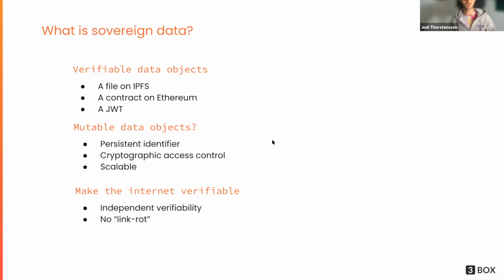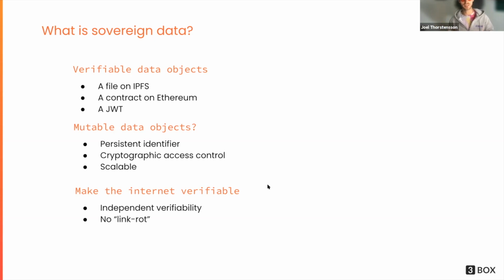I don't want to have to download an entire blockchain just to sync the comments on a web page and verify that the comments came from the right source. So if we can have this primitive, a data object that's scalable, has cryptographic access control and is mutable, that's really what sovereign data is.